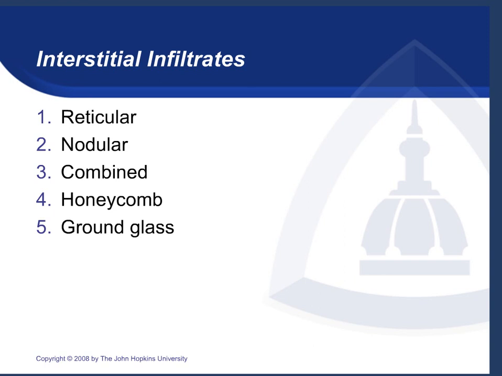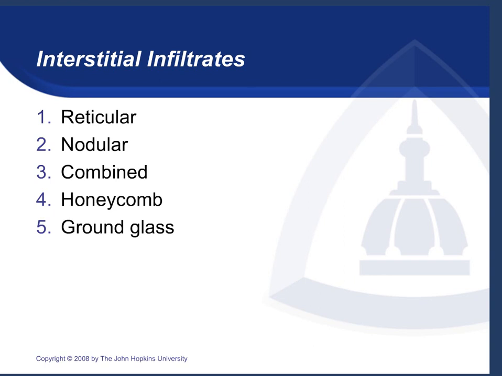The important point here is that if we think about how we're going to describe and where these infiltrates are located, it may give us a better differential and a better guess as to what is causing these things.